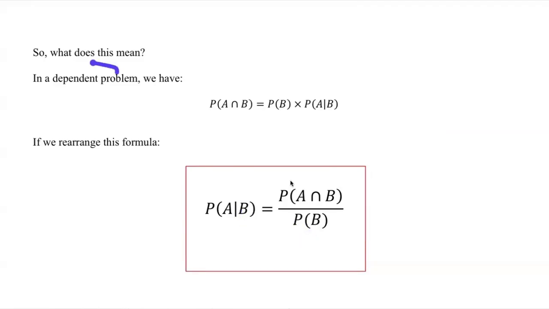Something worthwhile noting, this is only for dependent problems. If we have an independent problem, the formula for this will change slightly, and we'll see that a little bit later on. Alrighty, let's use this inside of an example.